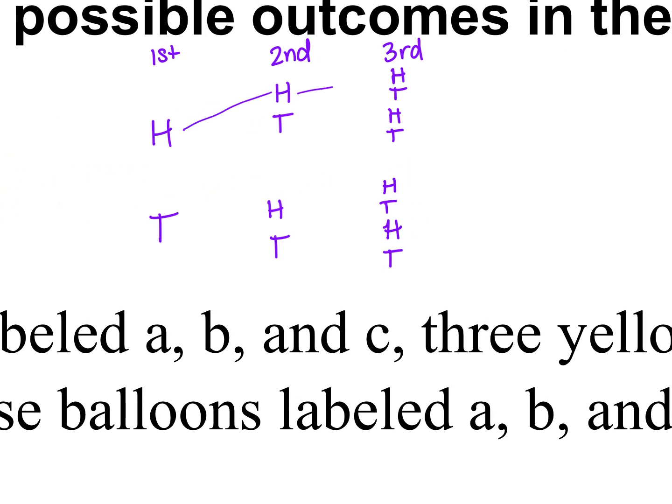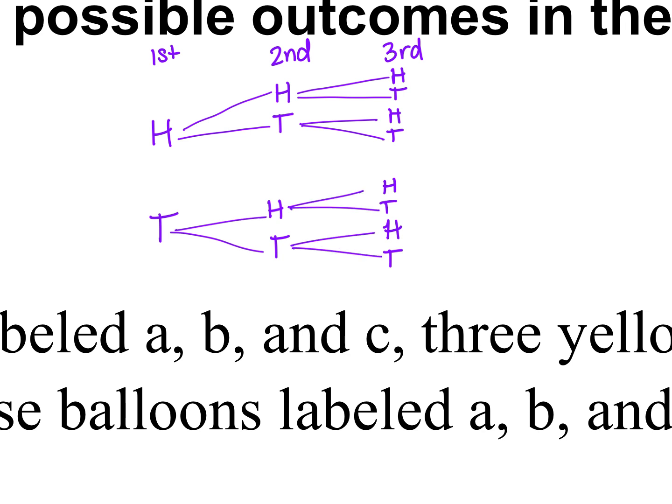This one's going to go here as well as here and here. H is going to go to my T. This is going to go to both. This is going to go to both. And this is going to go to both. So now I'm just following that and listing them.